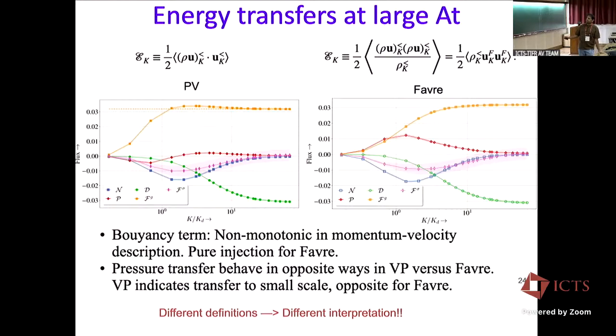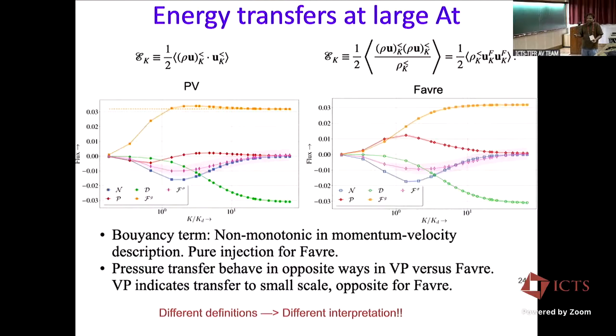First, here is an injection, and you see injection goes higher than the value it attains at the largest scale, which means naively, if you were thinking in terms of energy fluxes, you would say, hey, there is a mechanism by which injection itself at some intermediate scale is injecting more energy into the system than what it could inject if there was no filtering.